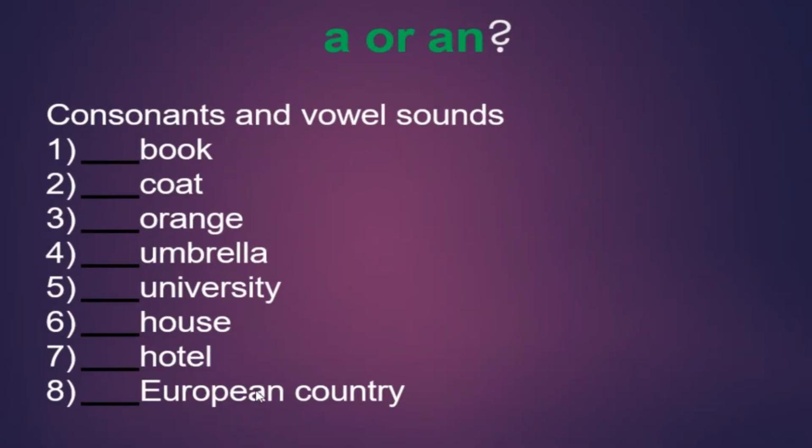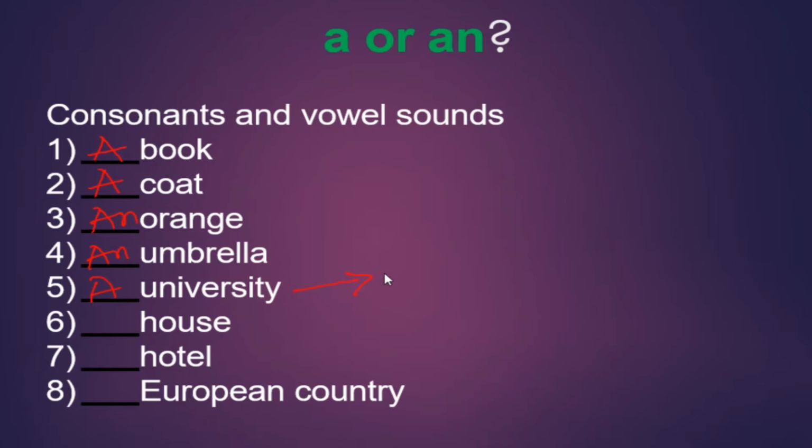Normally, A or AN sits before a consonant or vowel sound, based on the consonant or vowel sound. Like an book is incorrect, but if you say a book is okay, a coat is okay, an orange, okay, an umbrella, a university.